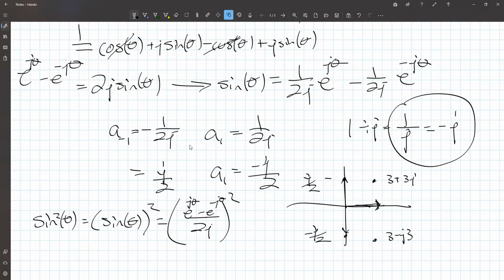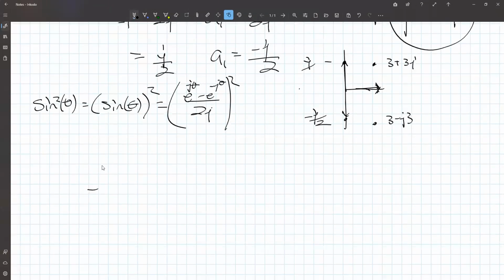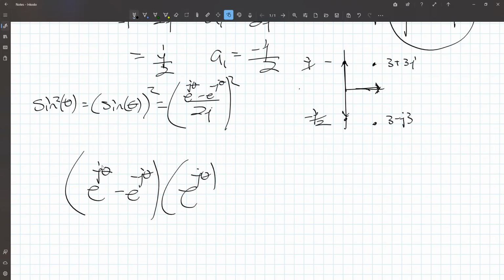Now I just carry this out. I can't multiply this right in because this is a sum, but I could easily rewrite it: E to J theta minus E to the negative J theta. First times the first, so we get E to the J 2 theta.